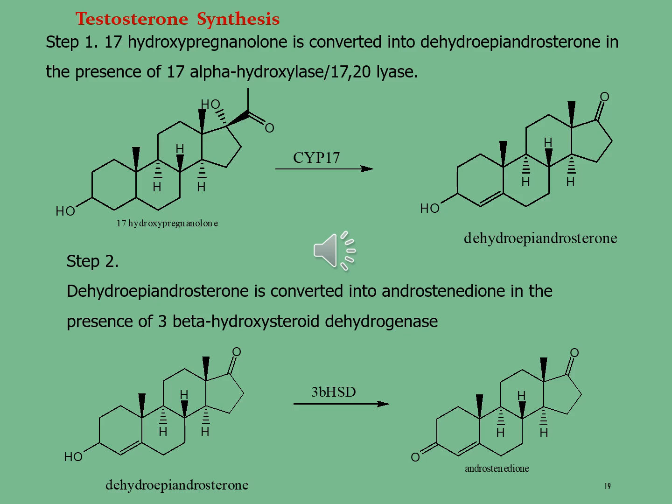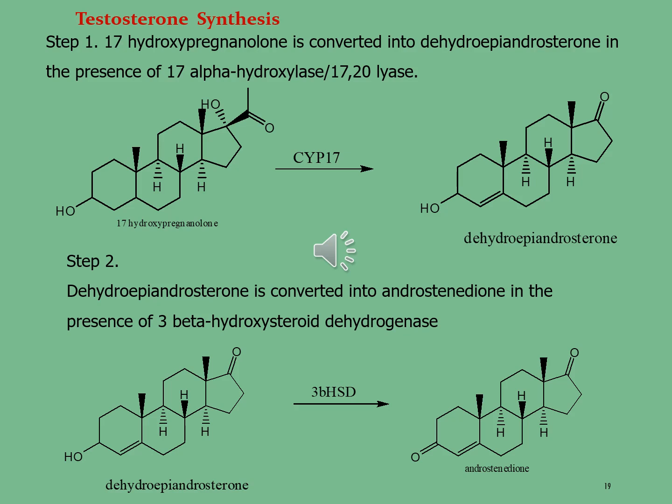So you can see over here in the first reaction the structure of 17-hydroxypregnenolone, in which the hydroxyl group is present at carbon 3 position and an acetyl group is present at carbon 17 position. In addition, one hydroxyl group is present as alpha in the 17 position too.